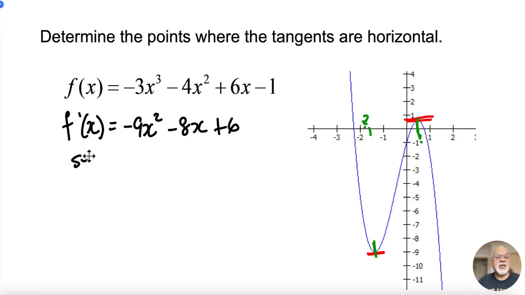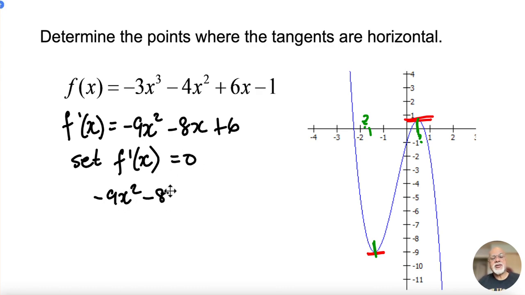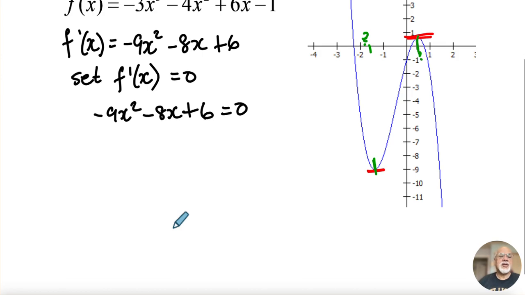So the next step would be to set f prime equal to 0. So I get negative 9x squared minus 8x plus 6 and set it to 0. Given this is a quadratic, we're going to end up getting 2 solutions, and that'll correspond to the 2 x values producing those horizontal tangents.